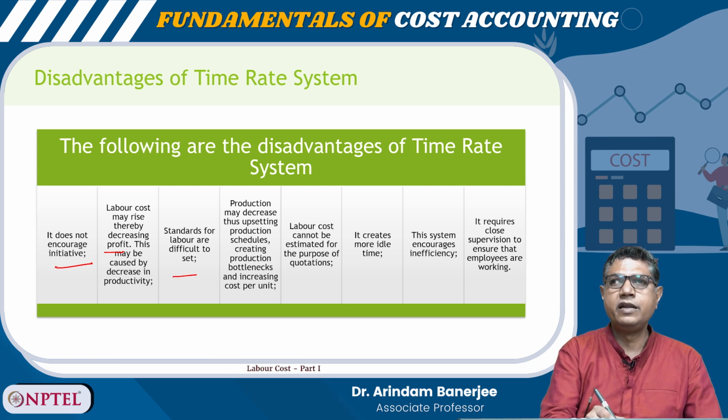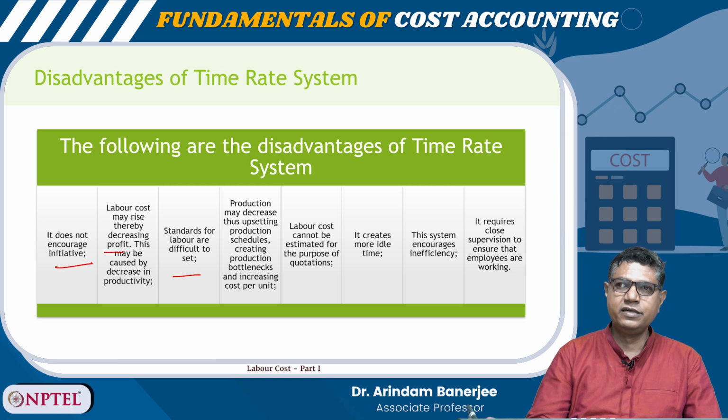The standards for labor are difficult to set because it is not clearly defined how much time one particular job should take, right? Because different human beings have different capabilities. So, in a factory where 10,000 workers are working, it is difficult to fix the standards.